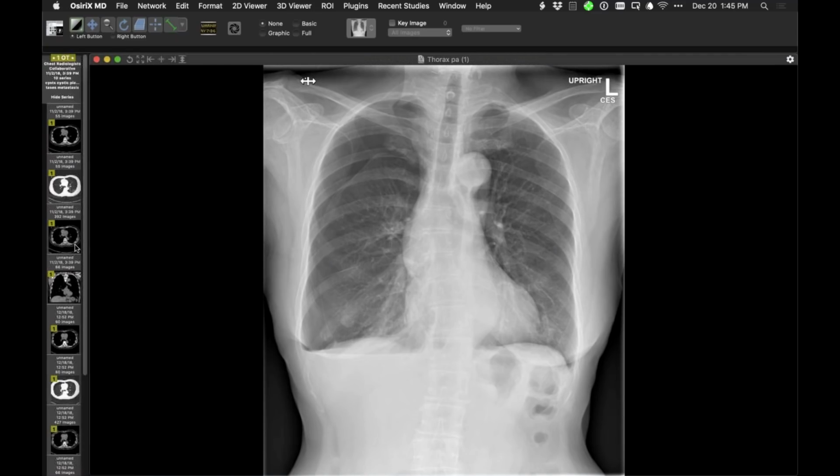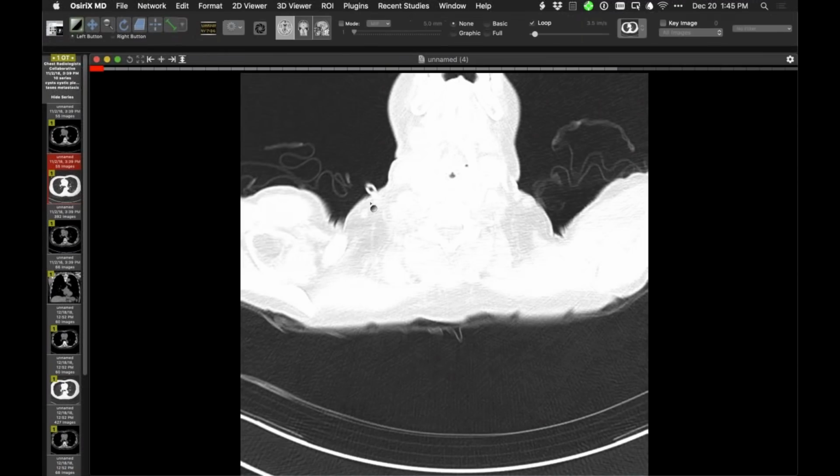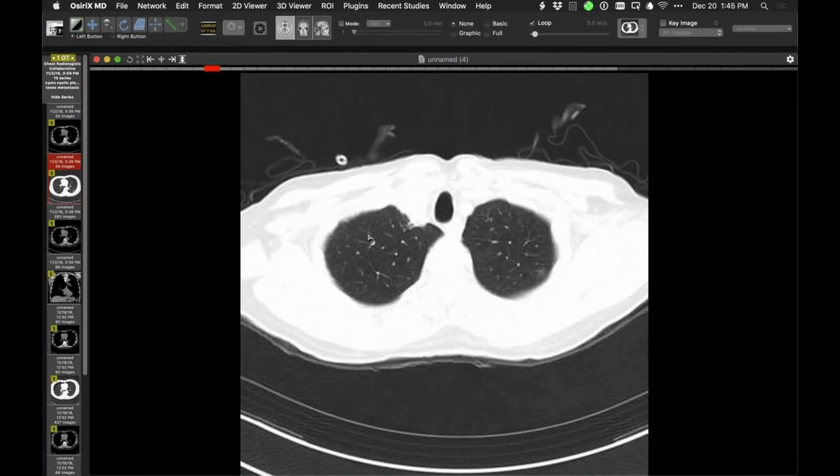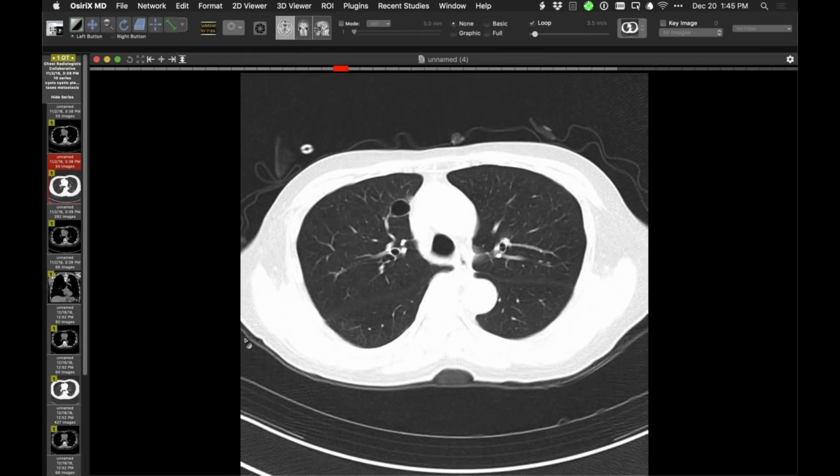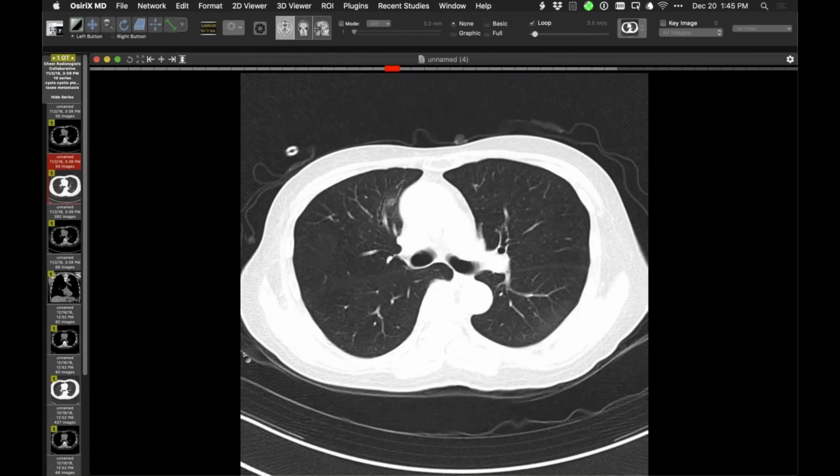And I will now show you the context of this, because this is a secondary spontaneous pneumothorax. So let's go back to early November, and I'll scroll through the lungs, and you will see that she has multifocal, multilobar cystic lesions.